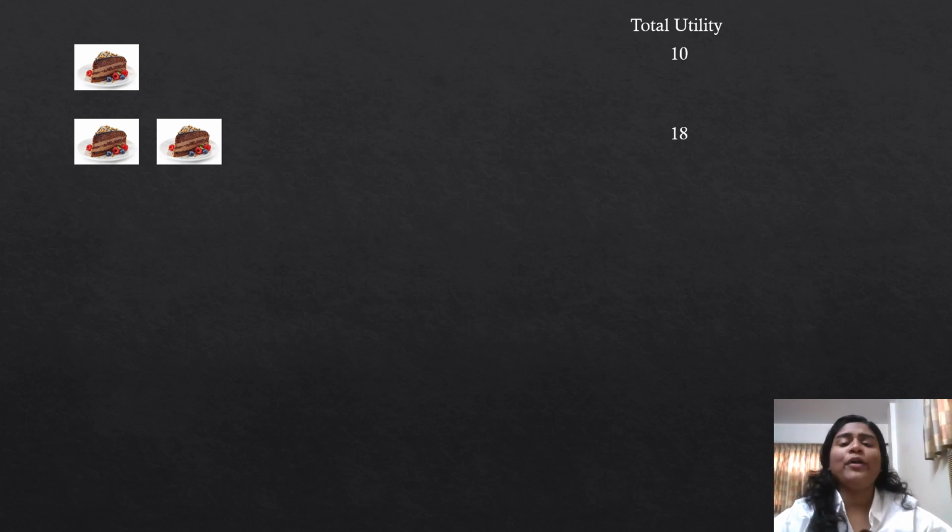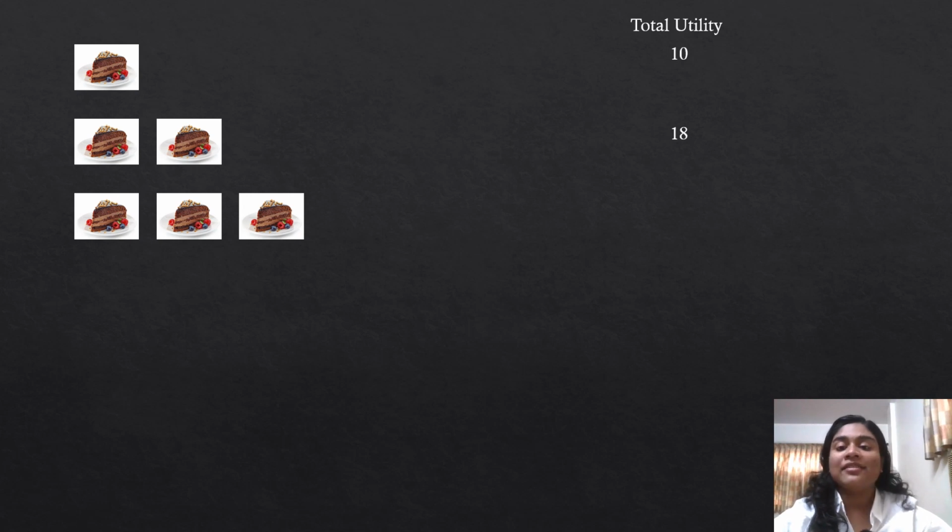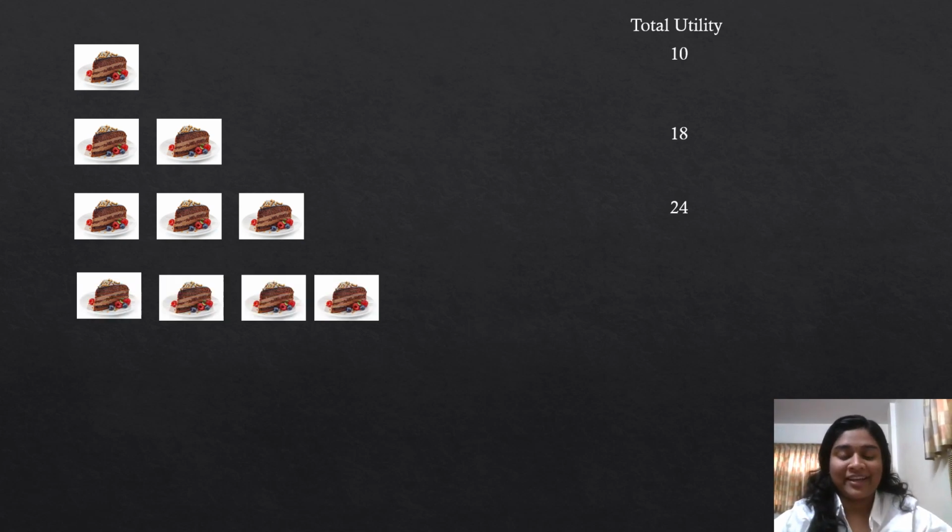And we go on buying the third piece of cake. After the third piece, the total utility increases to 24. And we buy the fourth piece of cake. After the fourth piece, the total utility has risen to 27.